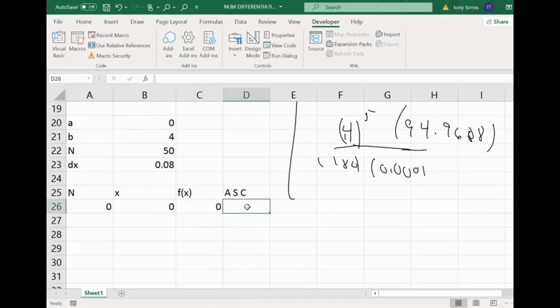And the area under the Simpson. Remember, this goes the way it is right there. Now, this needs to be multiplied by 4, and then by 2, and by 4. But let's figure out a way that Excel will do that for us.